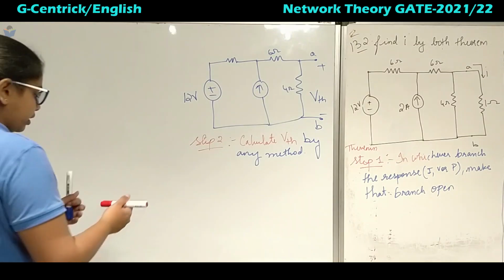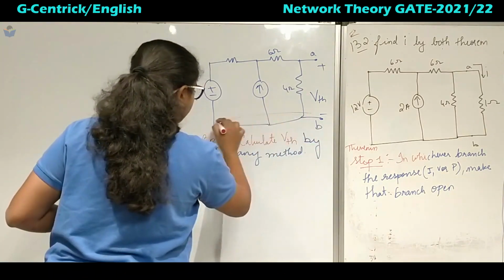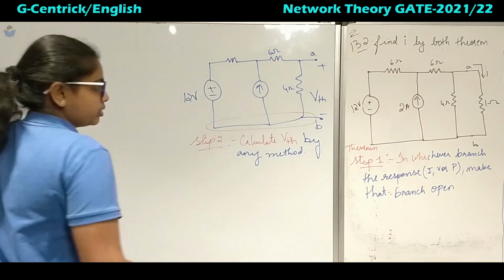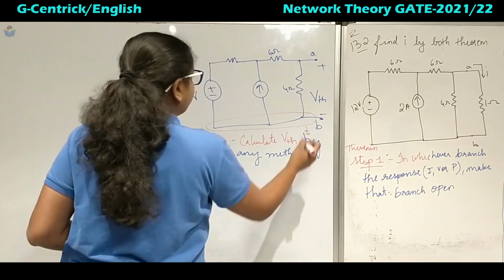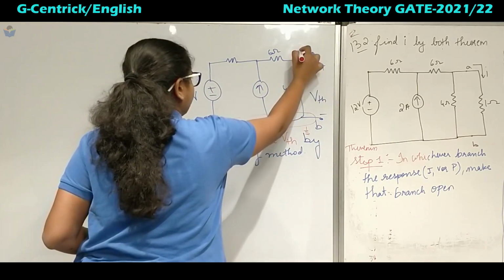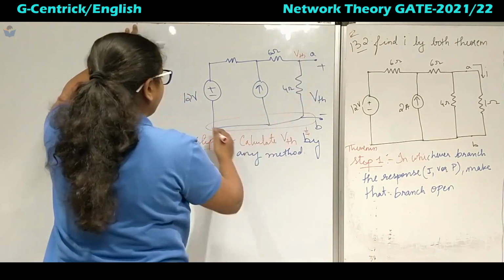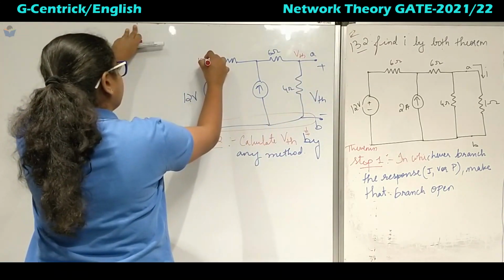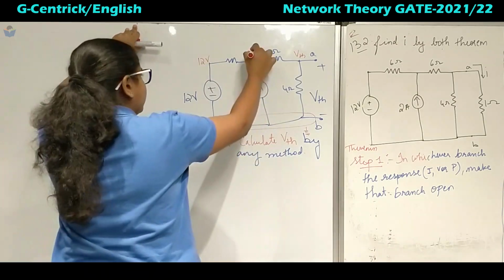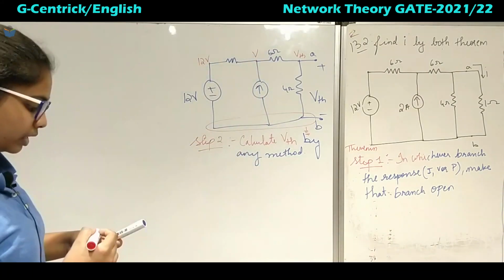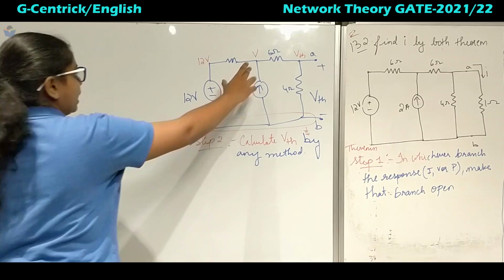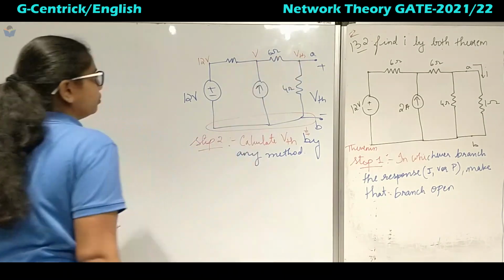So how do we find it? I'll go by nodal analysis. This is grounded. The terminal voltage VTH occurs here, since no element is connected. Here it is 12 volts. This node we will take as V. Once we calculate V, we can calculate VTH.